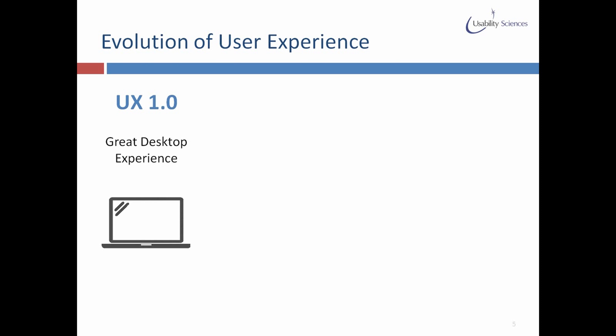So, to begin, for a very long time, UX 1.0 was really all about having a great desktop experience. So websites and products on computers is really about ensuring they had a great experience on the desktop computer.